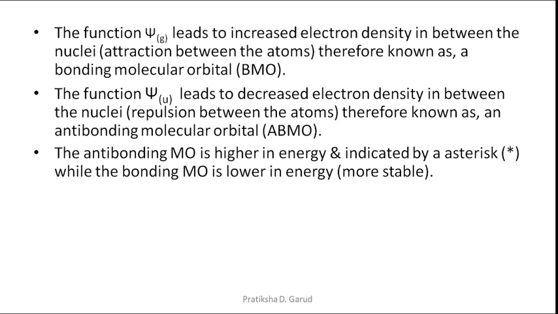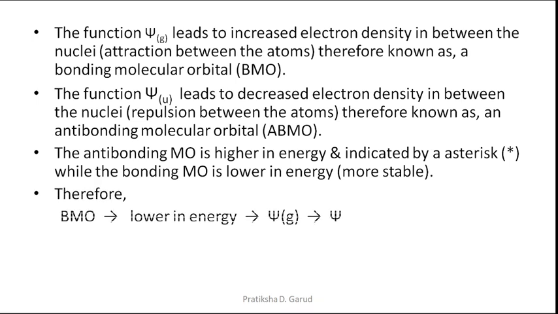The antibonding molecular orbital, that is ABMO, is always higher in energy, and hereafter it will be indicated by an asterisk, while the bonding molecular orbital is always lower in energy. Why lower in energy? Because it is more stable.